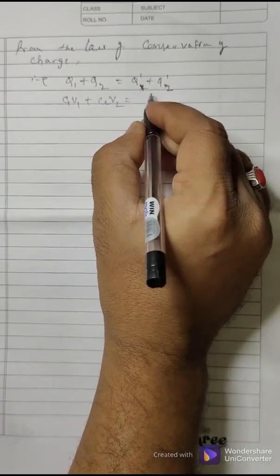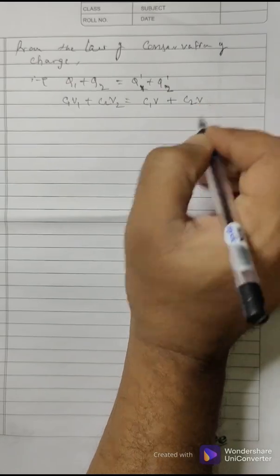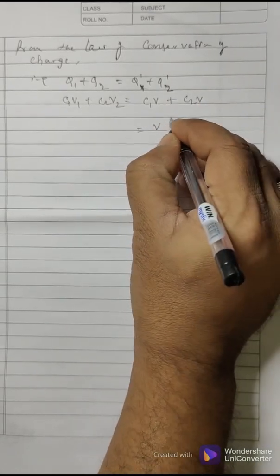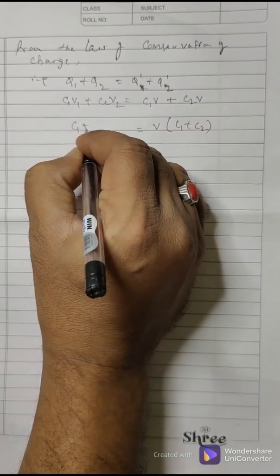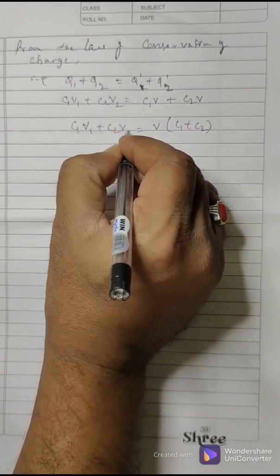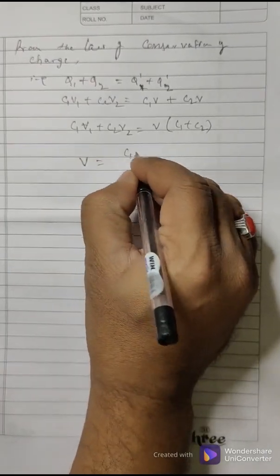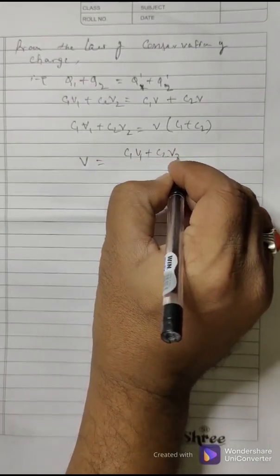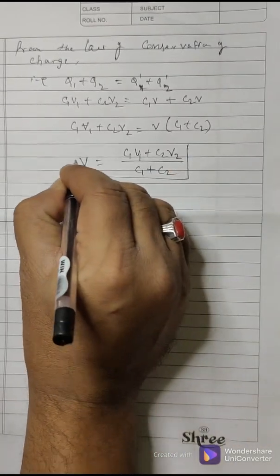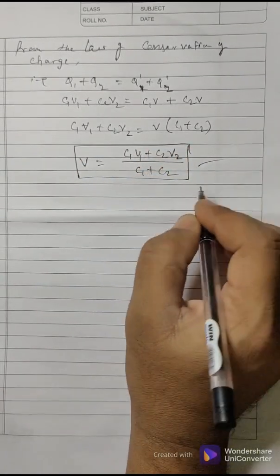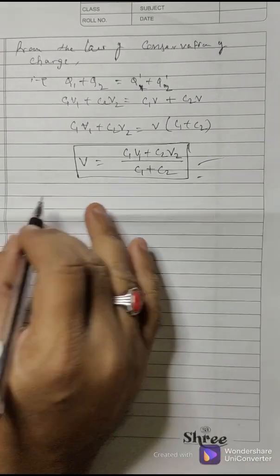After connecting, this becomes C1 V with the common potential, and this C2 V. If I take V as common, I can write C1 plus C2 times V equals C1 V1 plus C2 V2. Therefore V equals C1 V1 plus C2 V2 divided by C1 plus C2. This is called the common potential attained by both spheres when they are connected with a wire.